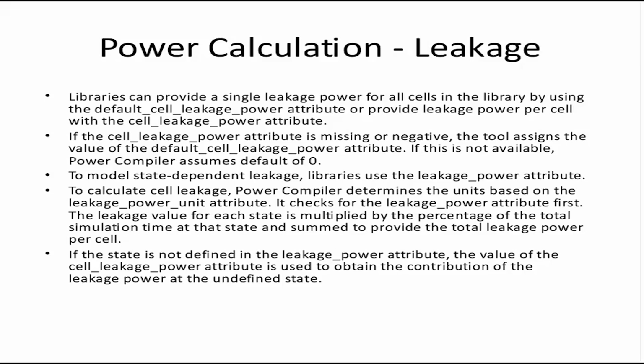In that case, the leakage value of each state is multiplied by the percentage of total simulation time at that state and then summed. So it's a weighted average. In case no data is available, it's just a simple average. If a particular state is not defined, the value of the cell leakage power attribute is used to obtain the contribution.